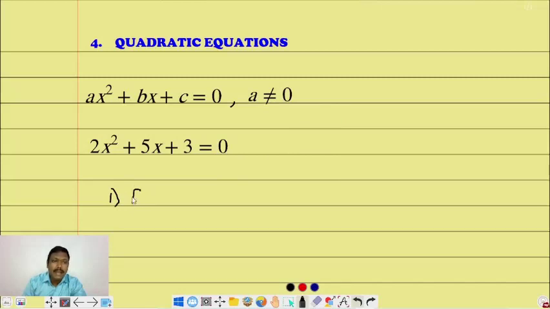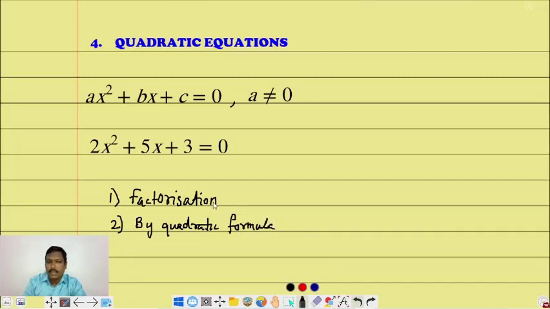One is the factorization method, and the second method is by the quadratic formula. Factorization means splitting the middle term. When we move to the exercise, I will explain how to solve using factorization and by the quadratic formula also.